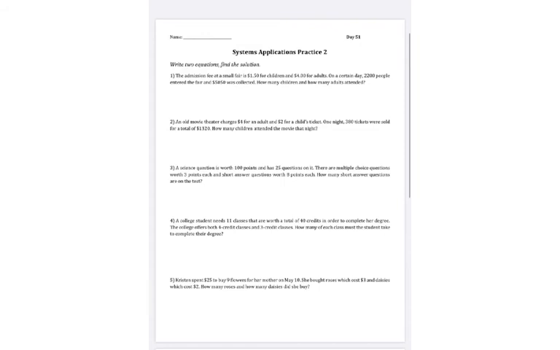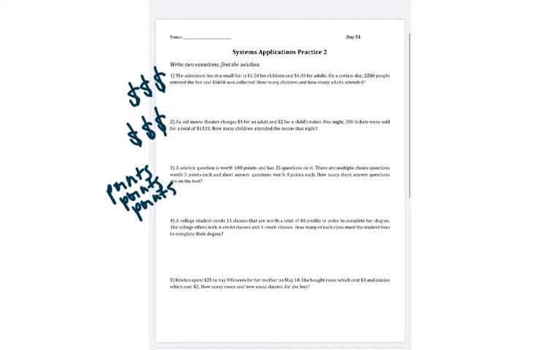So try the same thing for numbers 1 through 5. Number 1, money plus money equals total money. Number 2, money plus money equals total money. So easy. Number 3, points plus points equals total points. You'll turn all of those numbers into one equation.